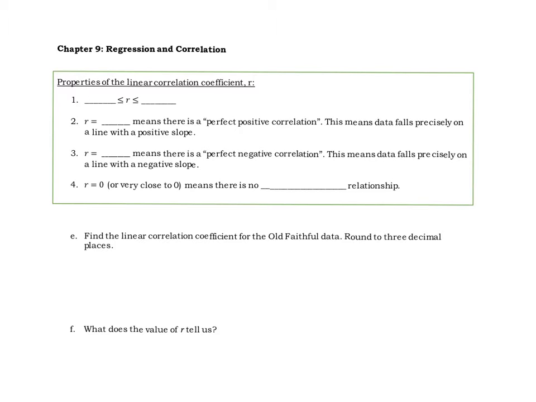Now, there are some properties of that linear correlation coefficient, and they are as follows. First of all, the value of r is always from -1 to +1. It will never be outside of that range of numbers. If r is 1, that means there is a perfect positive correlation. In other words, your data happens to lie on a perfectly straight uphill line, and it doesn't matter how uphill.